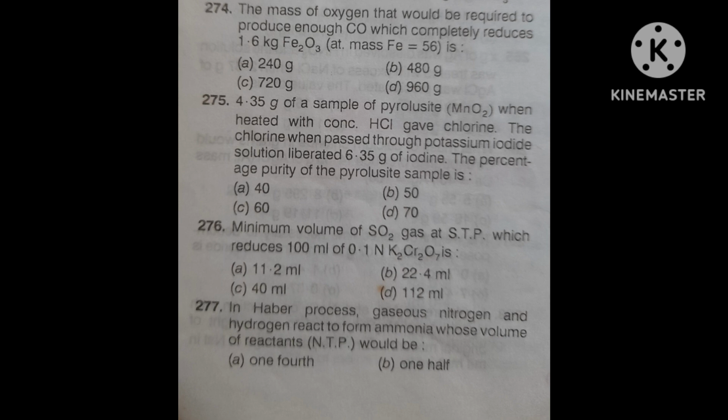Then this will completely react with 3SO2 according to the equation. 3SO2 means 3 into 1 mole, which is 3 into 22,400 ml, because it is a gas and that's why you are writing in volume.